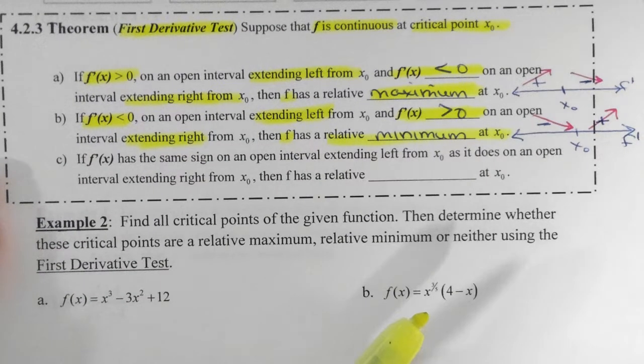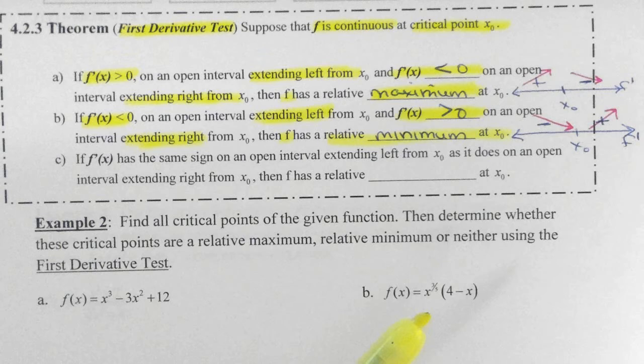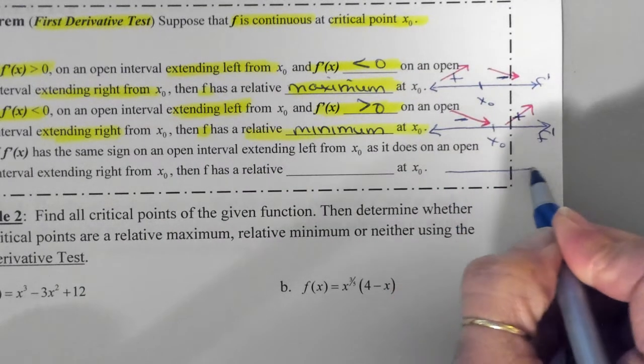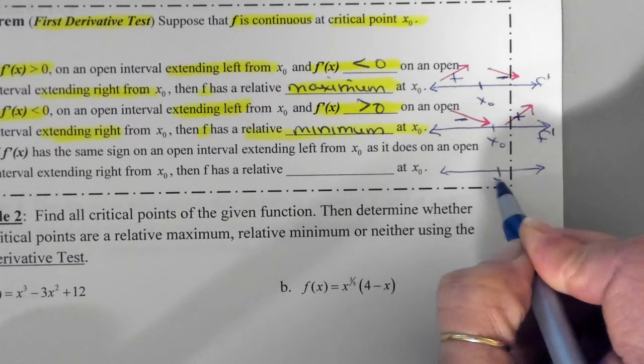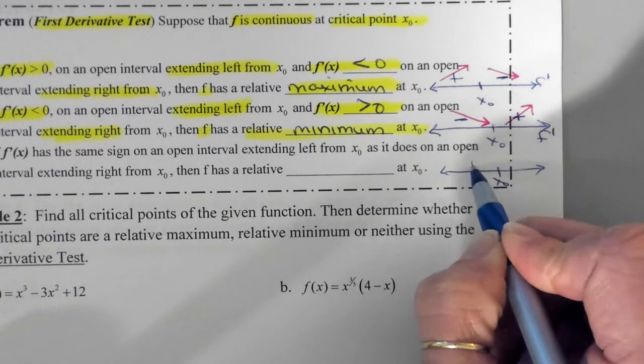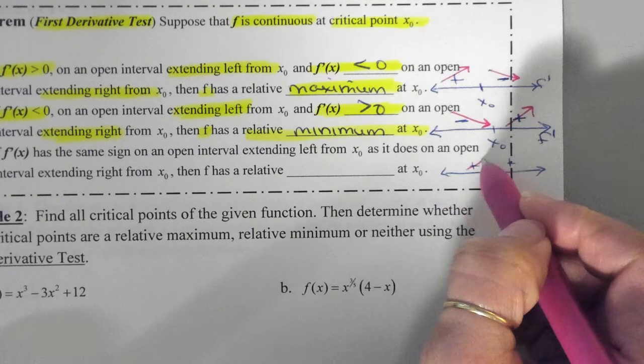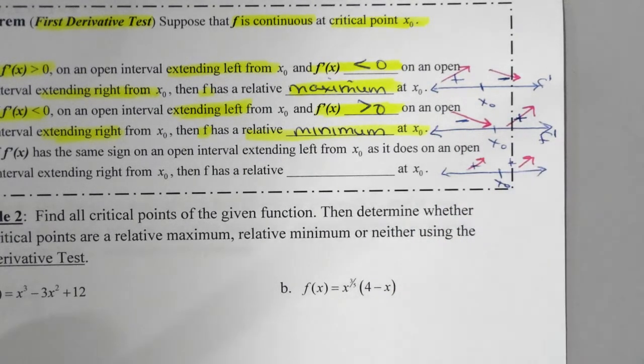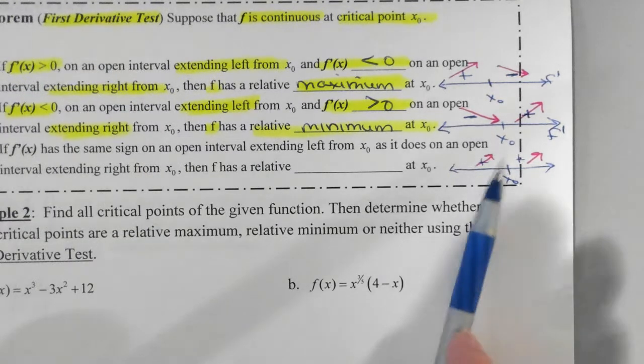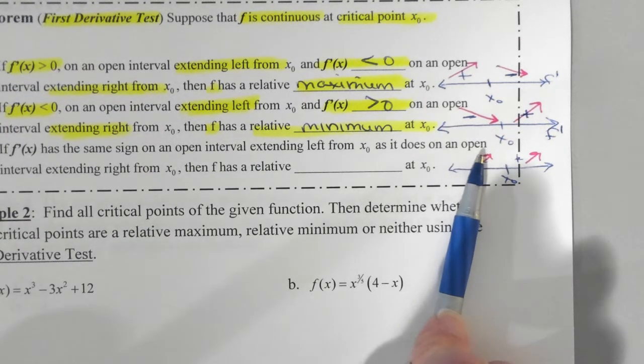Everybody okay? So then, if f prime of x has the same sign on the open interval, there's a typo here, extending from the left as it does on the right, meaning you have your number line like this. Okay, here's x sub 0, and let's say this goes positive, positive. Okay, you're increasing here, increasing here. You cannot determine if you have a relative max or relative min.